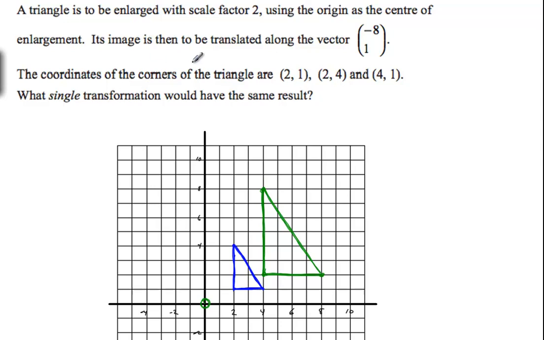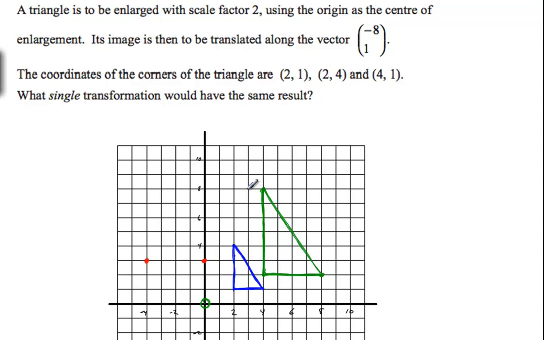Okay, now we translate along the vector -8 and 1. So that means that we're going to move -8 in the x direction and up 1 in the y direction. So this point here we're going to go 1, 2, 3, 4, 5, 6, 7, 8. So -8 and then up 1. So it will move over there. This one will go 1, 2, 3, 4, 5, 6, 7, 8 and then up 1.